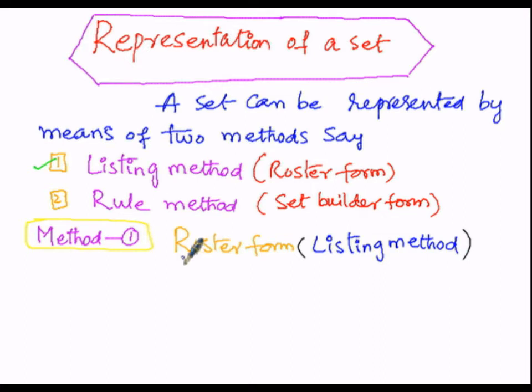See here, in this roster form, first of all we prepare the list of all the elements and separate them by commas, then later we enclose them within brackets.